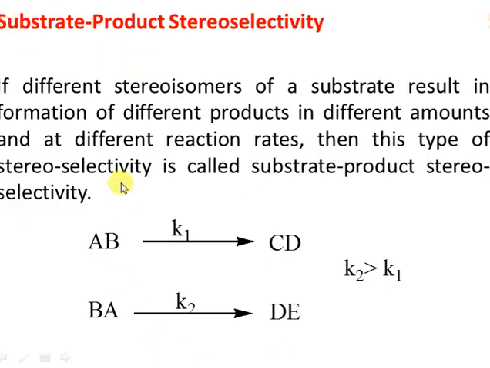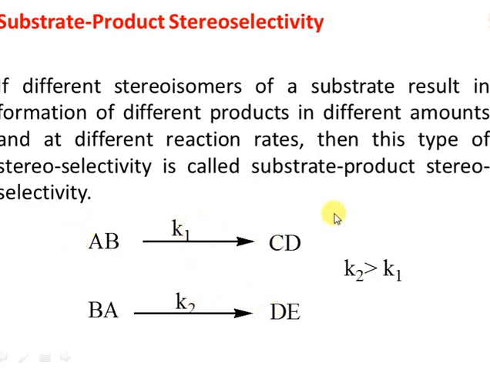So consider that these are two stereoisomers, AB and BA. They are different stereoisomers. This isomer results in formation of a product which is CD, while the other isomer results in formation of a different product. Now the stereoisomers are resulting in different products, and the products are forming in different amounts and the reaction rate is also different.